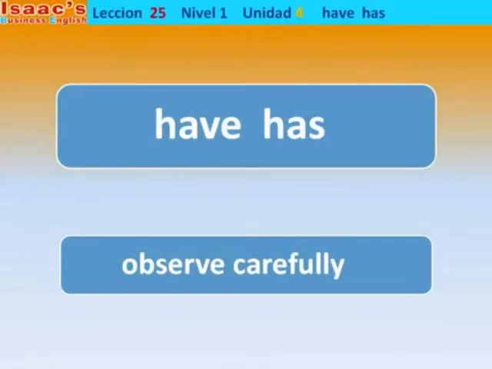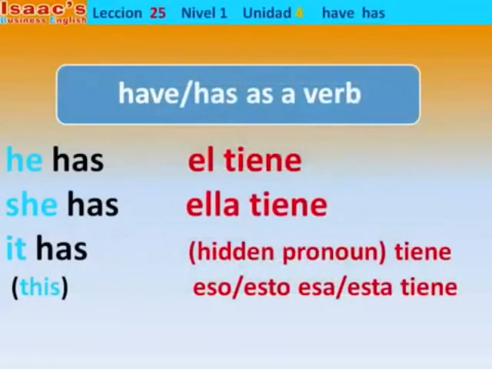Isaac's Business English, lección 25, nivel 1, unidad 4, have, has. Observe carefully. Have, has as a verb, como verbo. Utilizamos has con terceras personas.